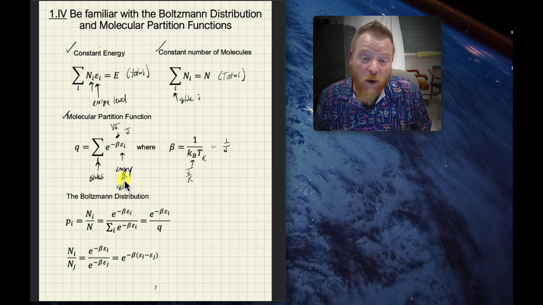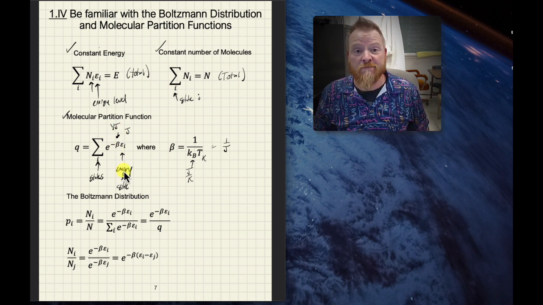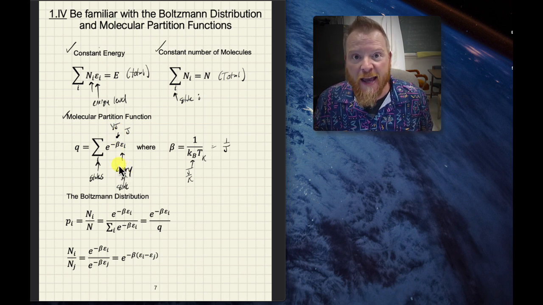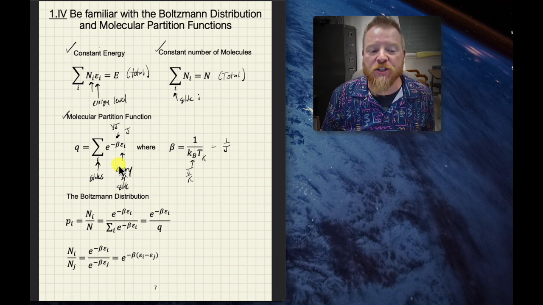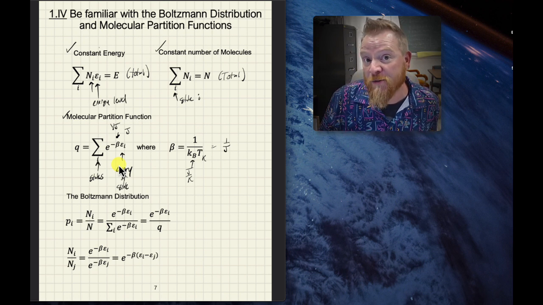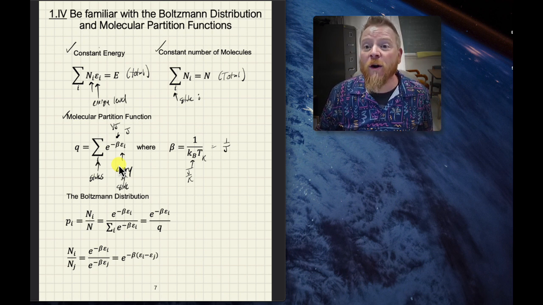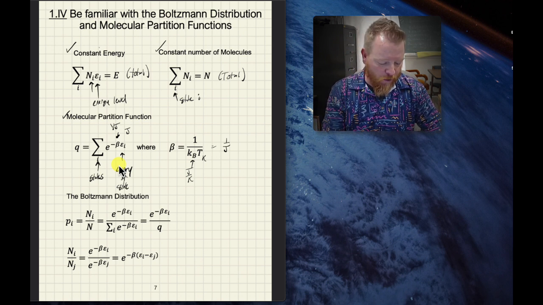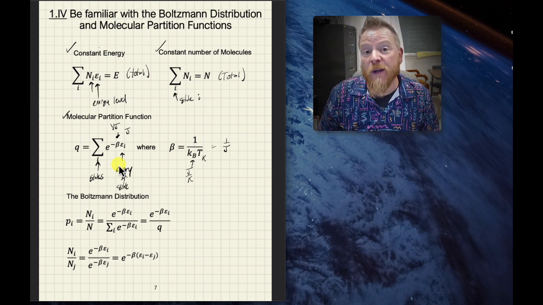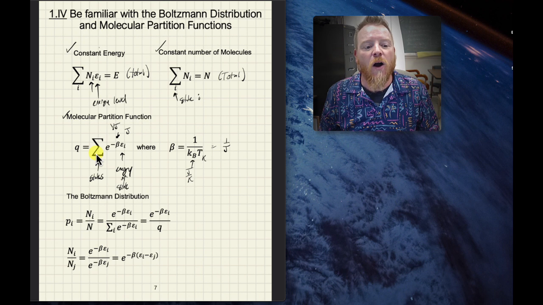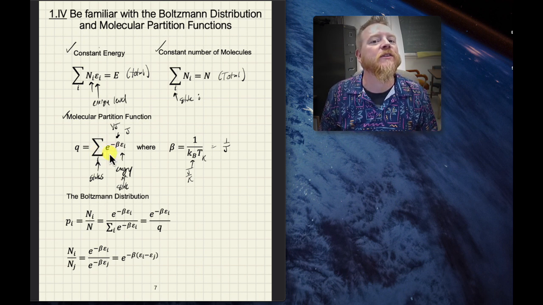We could, if we wanted to, use the energy of our state in something like nanometers, like the wavelength of the transition, or even wave numbers, or electron volts, or any energy unit we can imagine, but our beta term has to be the reciprocal of that energy unit, okay?